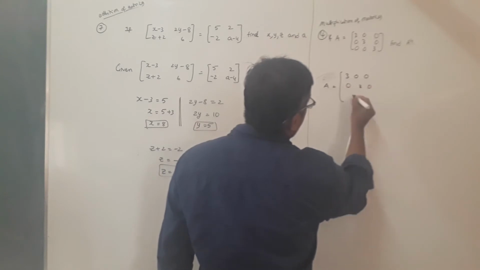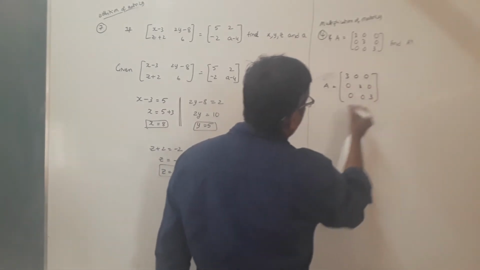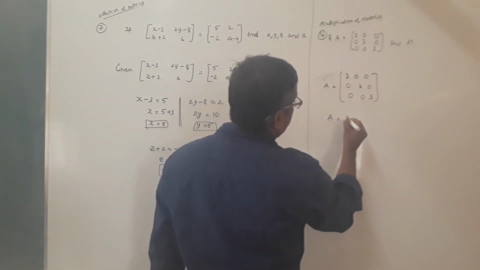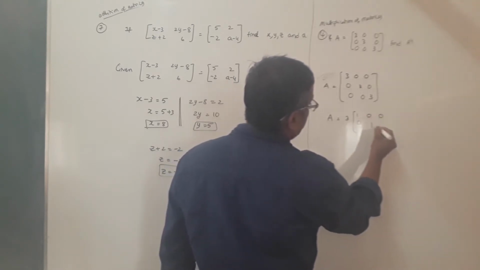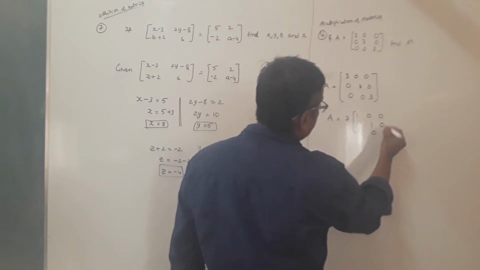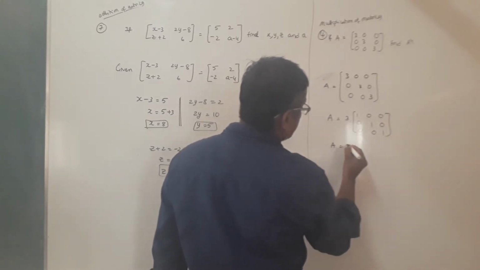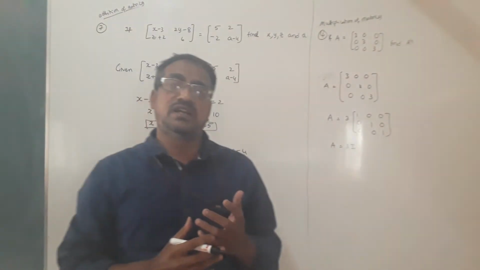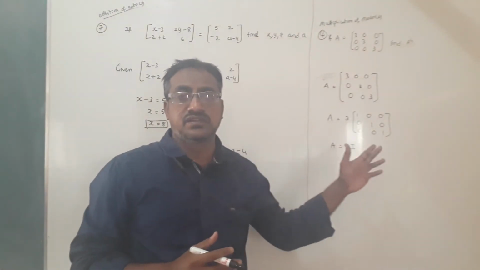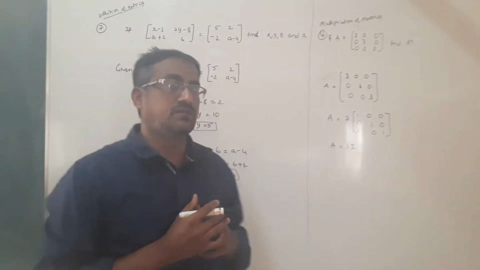Now capital A can be written as 3 into the matrix [1 0 0; 0 1 0; 0 0 1]. So A is equal to 3I, where I is the identity matrix of order 3.